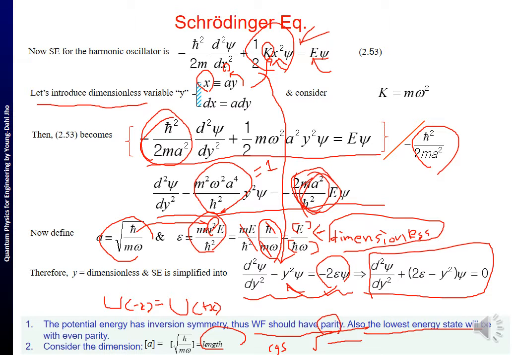CGS unit. Then h bar, I remember, 6.1 multiplied by 10 to the minus 16. The unit is electron volt second. Okay. Then mass m unit in CGS unit is electron volt.